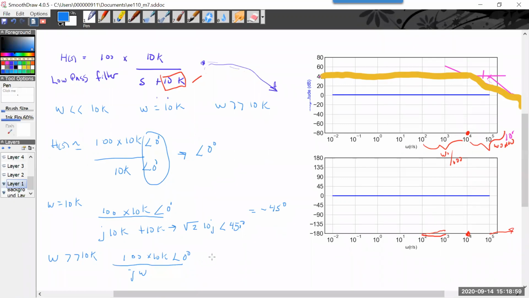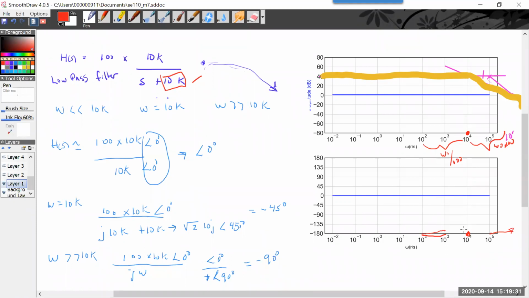So just keeping track of the phases, 0 minus 90, we get minus 90 degrees of phase.